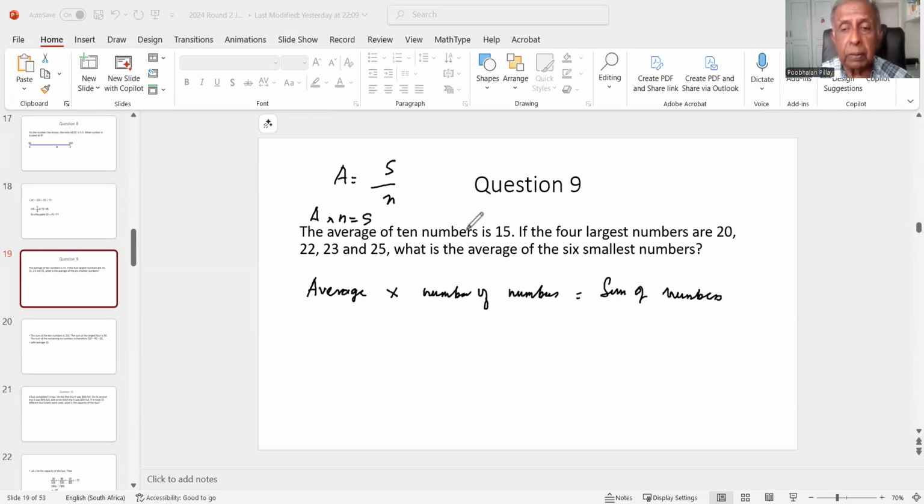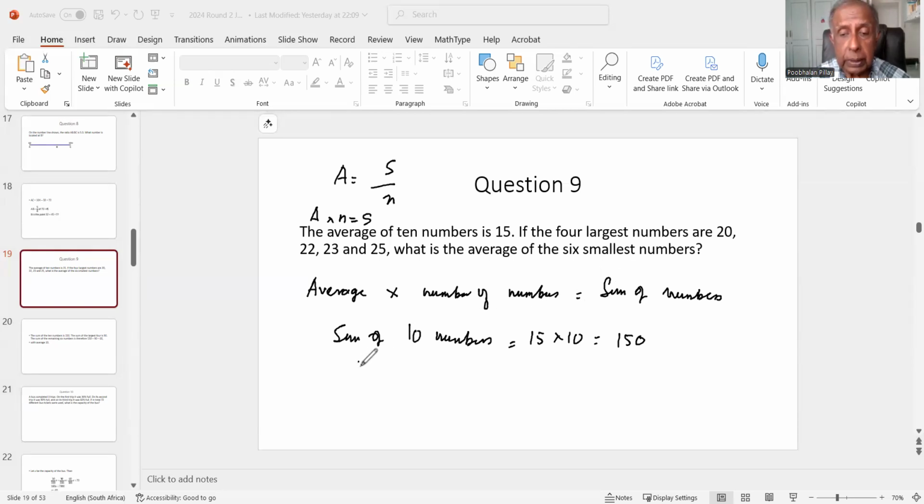Right. So if the average of 10 numbers is 15, then the sum of the 10 numbers is the average multiplied by the number, which is 150. Okay, the sum of all the numbers.